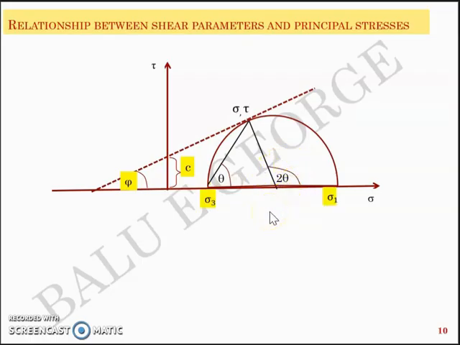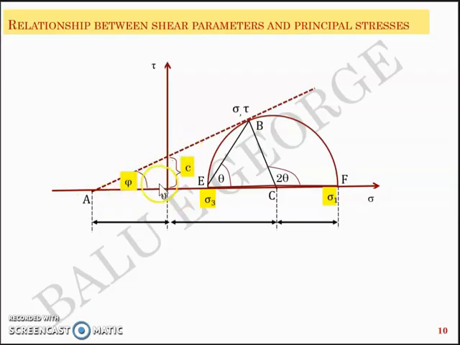So I can have sigma 3 here and sigma 1 here, because that's what helps you draw the circle. Sigma 1 is the major principal stress, sigma 3 is the minor principal stress, and I can have these alphabets representing these points A, E, B, C, F, etc., and O is the origin, and the distances are marked here. You have C here and phi here.